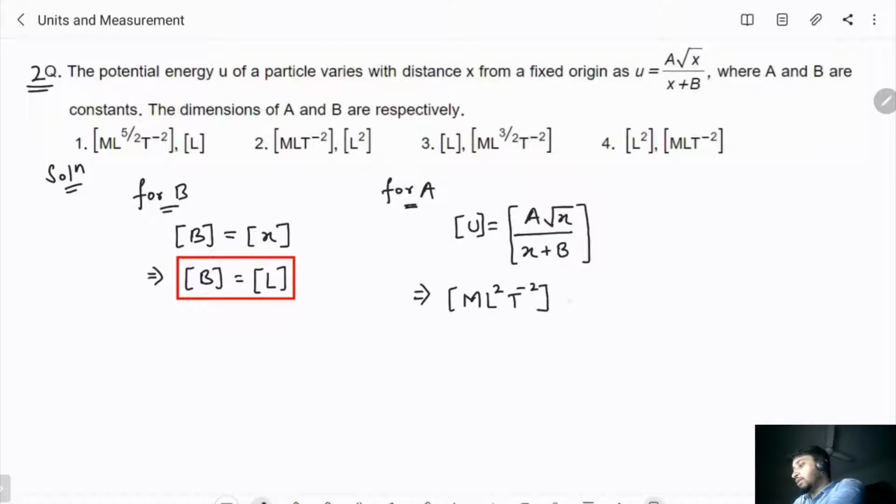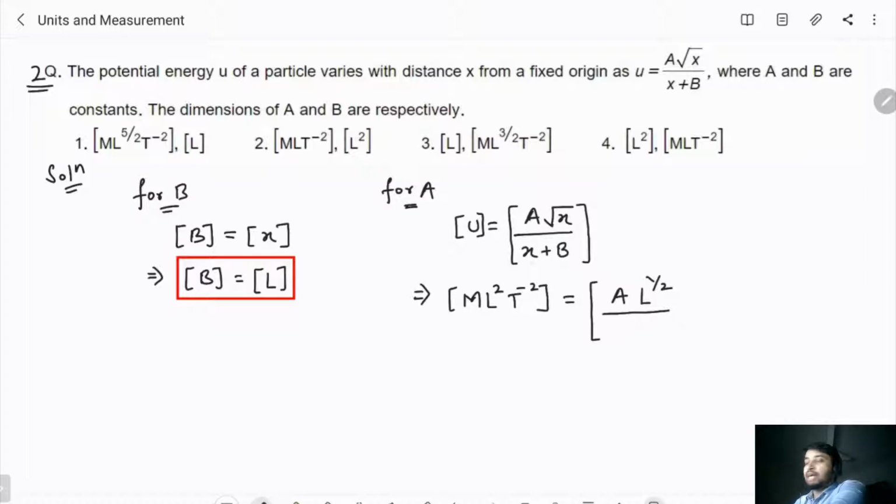And A here is unknown, x is L, so A we can keep as it is, and the dimensional formula for root x will become L to the power 1 by 2 divided by, now here we are adding x plus b.